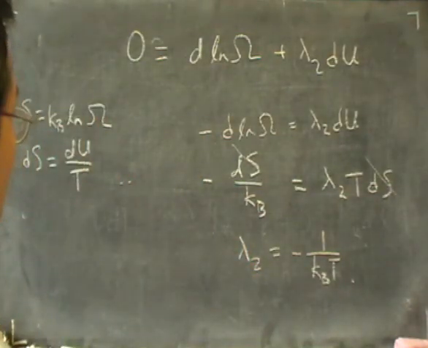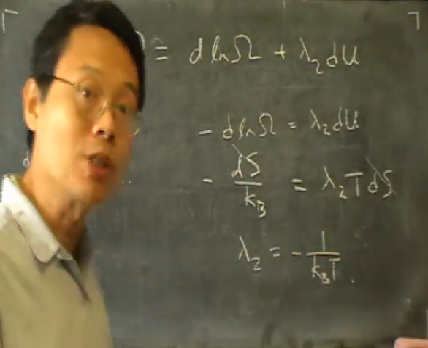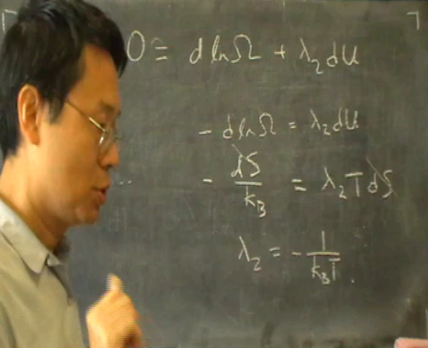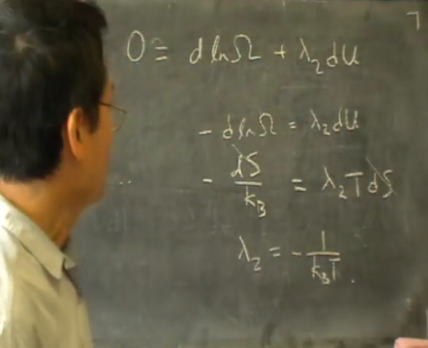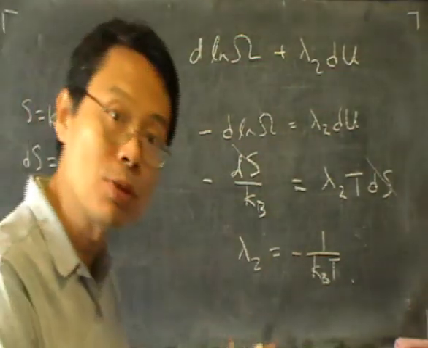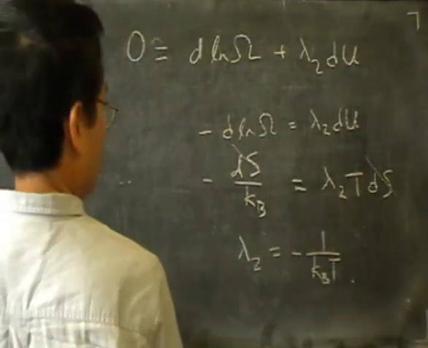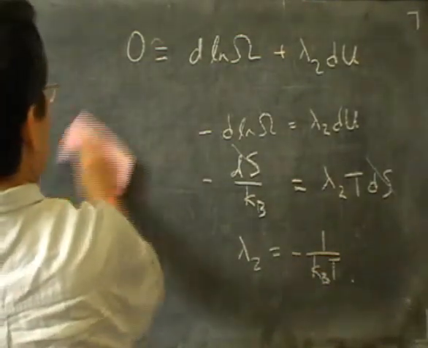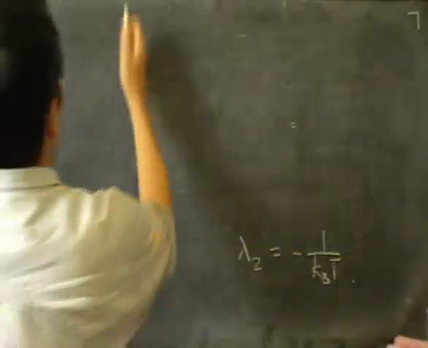So having done this, we are now ready to write down the final expression for the solution of n1 and n2 and so on that we have set out to find. Right. So let me just recap.